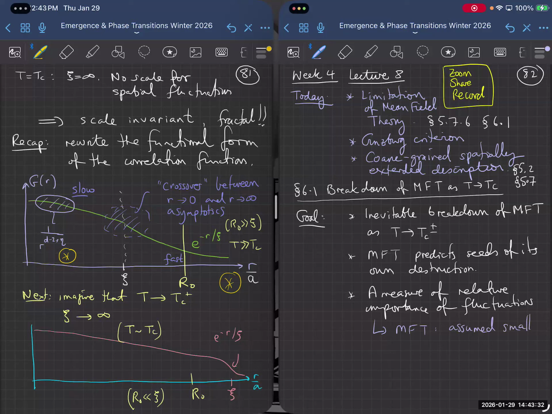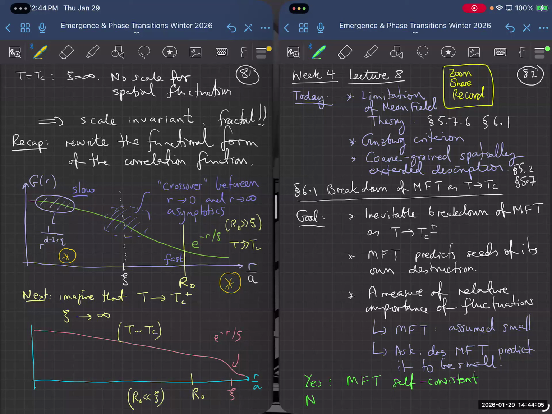And we saw that explicitly, but the question we're going to ask is, does mean field theory predict it to be small? And there's two answers to that question. There's a yes answer and a no answer. The yes answer implies that mean field theory is self-consistent.